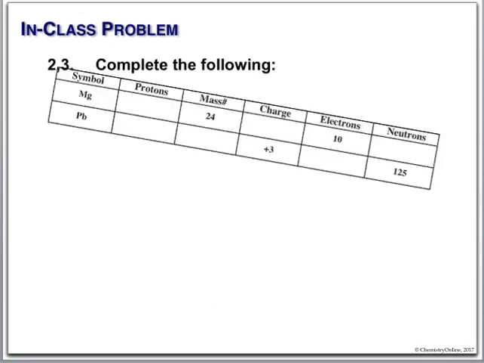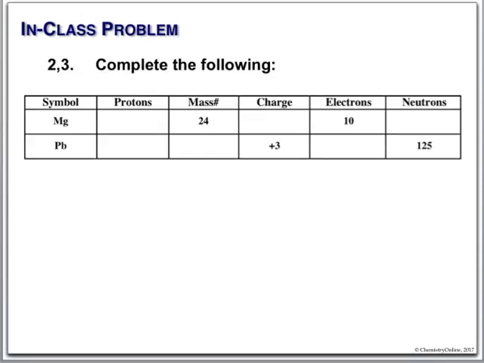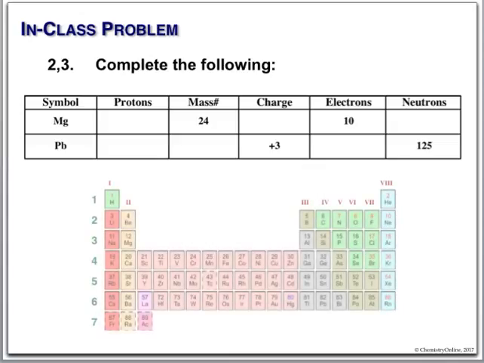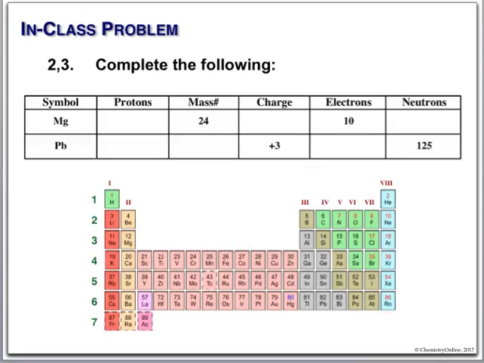The second question. Oh, we've seen this kind of chart before. We're going to complete protons, mass number, charge, neutrons, electrons, etc. for a couple elements. Our first element here is magnesium. What you want to do first is find magnesium on the periodic table.